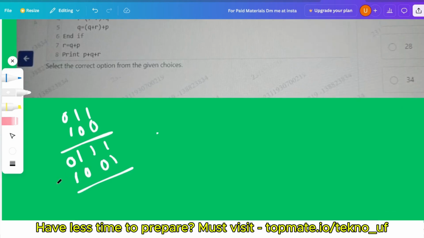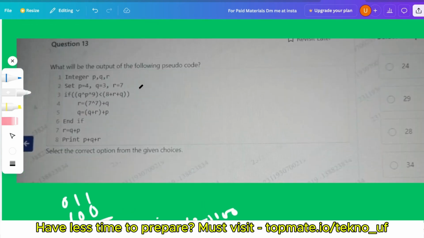If we do the XOR operation, as you can see here, both are same, so in this case that will be false. And here one bit is different, so that will be true. Here one bit is different, so that will be true. So 1110. What will be the equivalent value? As I have told you, 12 is equivalent to 1100, so 1101 is 13, 1110 is 14.